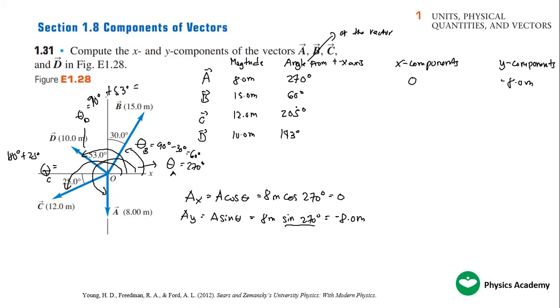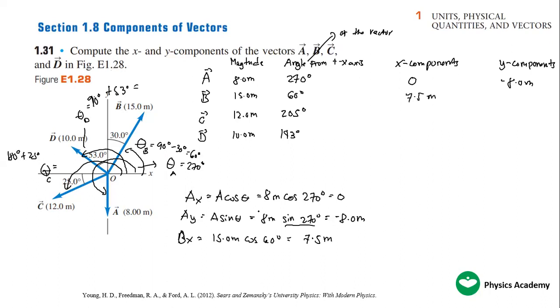We'll do the same for vector B. For the components of B, Bx is 15.0 meters cosine of 60 degrees. So we have 15 cosine of 60, which is 7.5 meters.